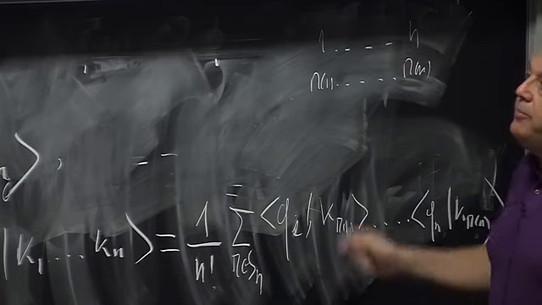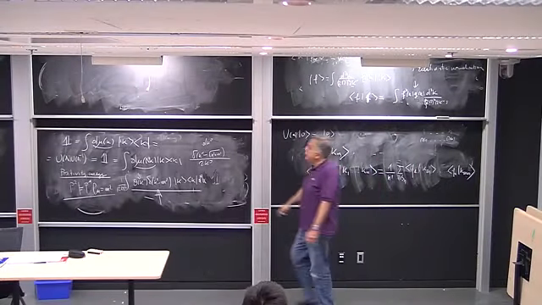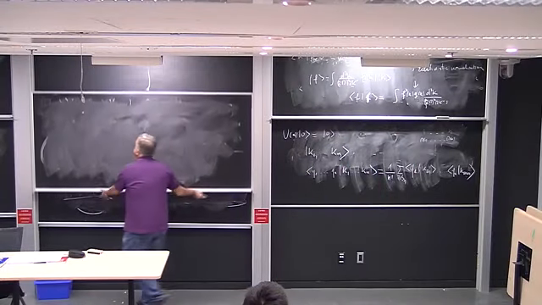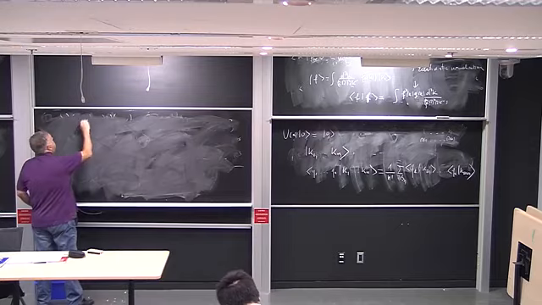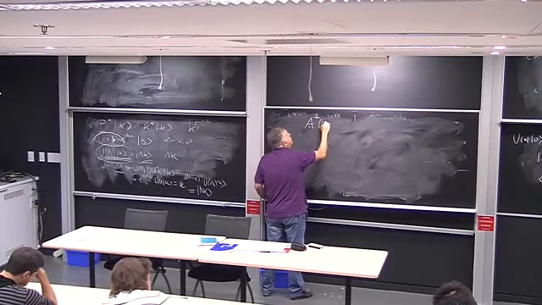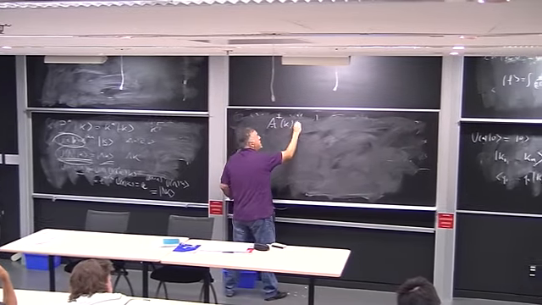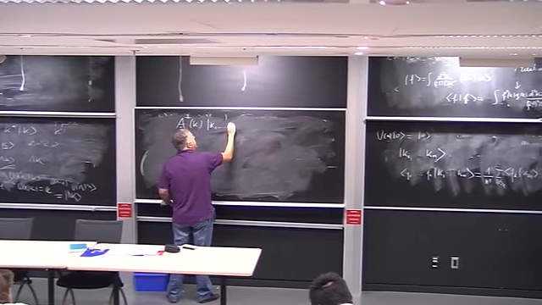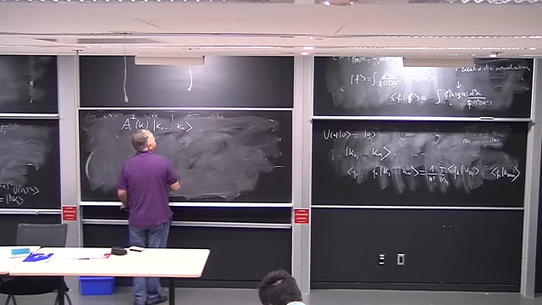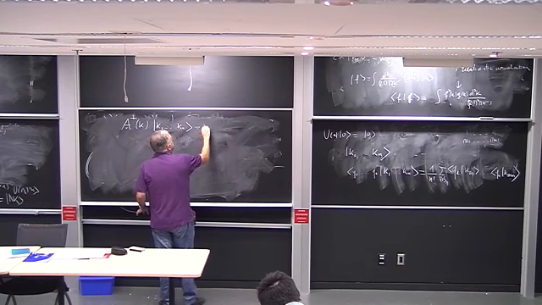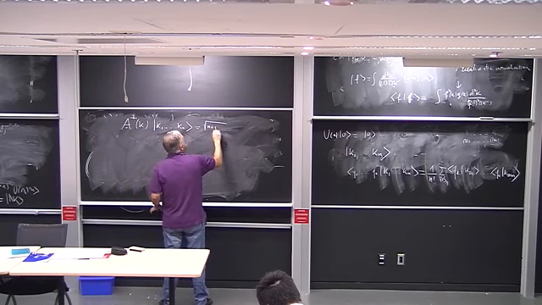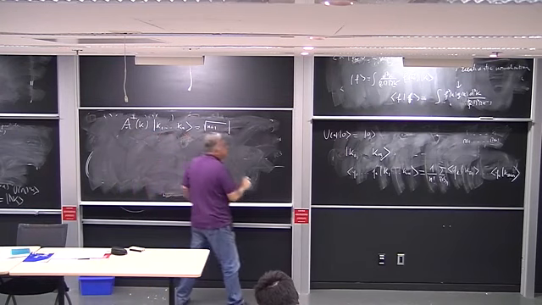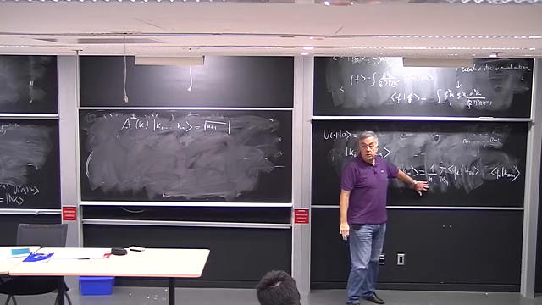And in the last step, you construct the ladder operators. You define the creation of a particle of momentum k acting on k1,...,kn as the square root of n plus 1 times k, k1,...,kn. This is because we are choosing this normalization this way.